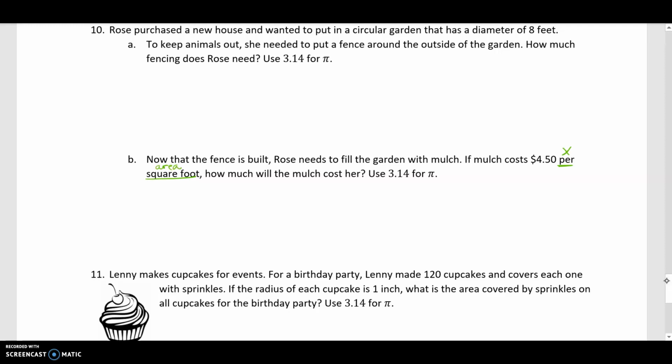So this one's a multi-step problem even more, because we have to find how much space is inside the garden, and then for each square foot it's going to cost us $4.50. So each and per both mean we're going to end up multiplying that final area of the circle by $4.50.